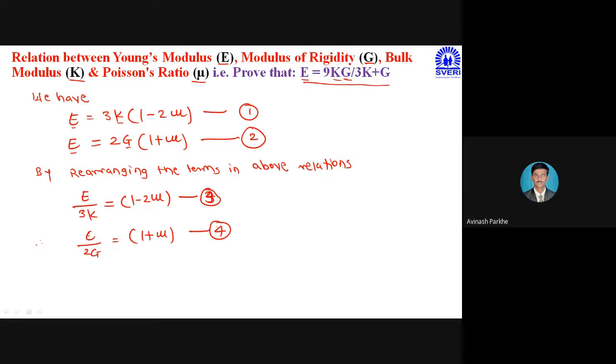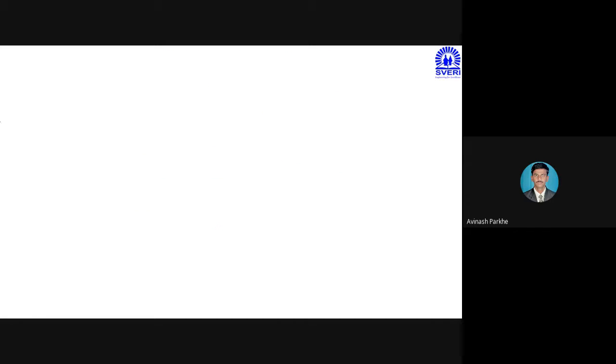So equation number 1 and 2 we have already derived. Equation number 3 and equation number 4 we obtained by rearranging the terms and modifying the equations. Now what are the next steps? Here we have to apply one condition to prove our final relation.